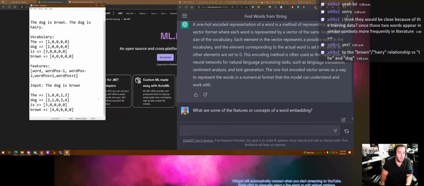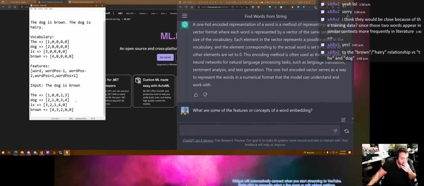which is 3. Now for is, word -1 is going to be dog, and the word -2 is going to be the. Then word +1 is going to be brown, which is 4, and there's nothing past it. And then for brown, word -1 is going to be 3 for is, -2 is dog, and then there's nothing preceding it.